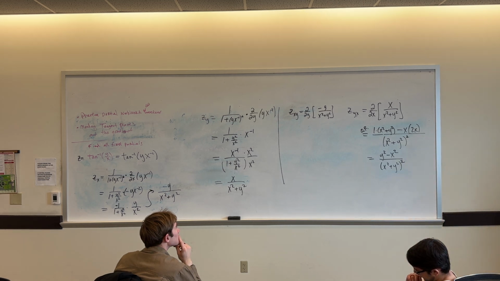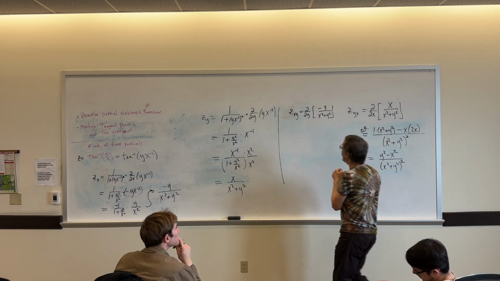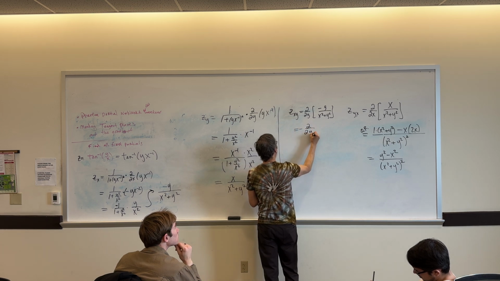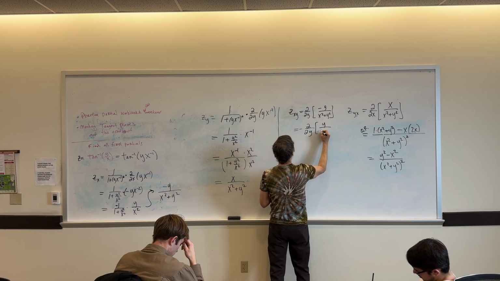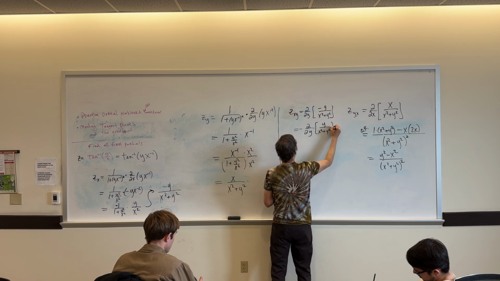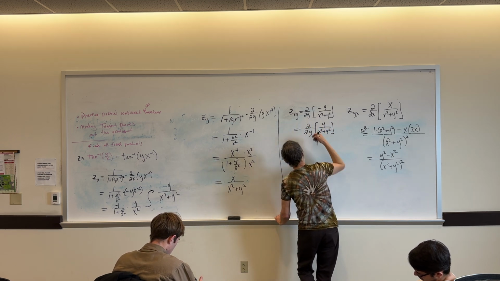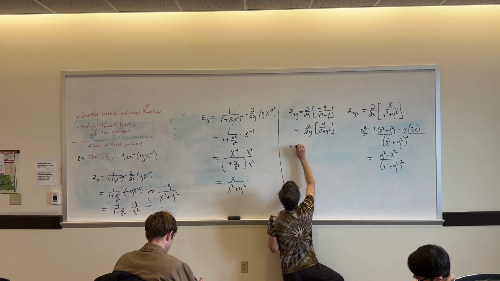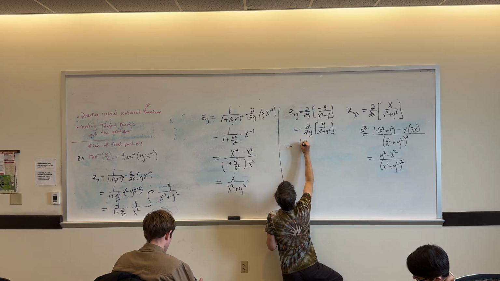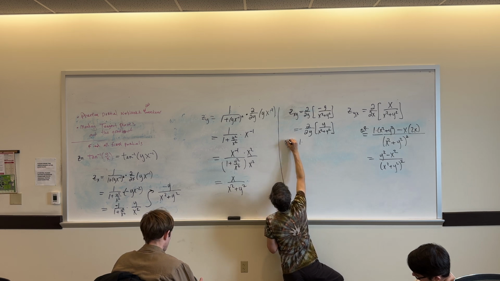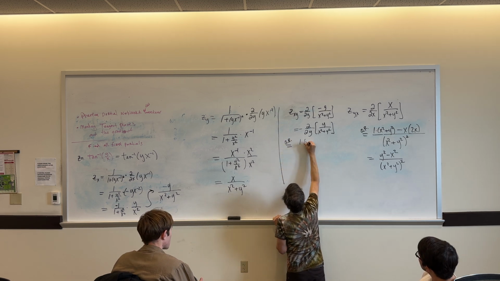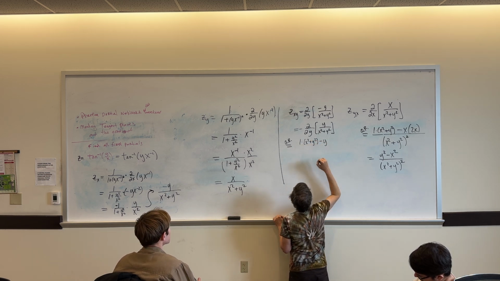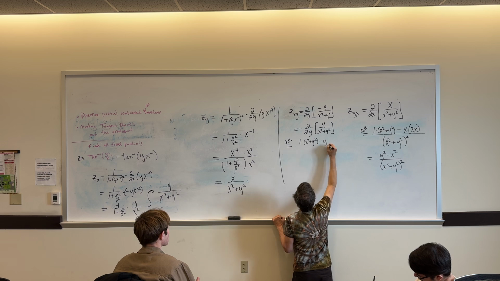Let me do the other one so that you can check that out. I would just pull that minus out in front so I don't have to think about it, because the derivative is linear. You can pull constants out in front. Do that when you feel like it, for sanity's sake. Derivative of the top is 1. Again, quotient rule. Top, bottom left alone, minus top left alone, times the derivative of the bottom.